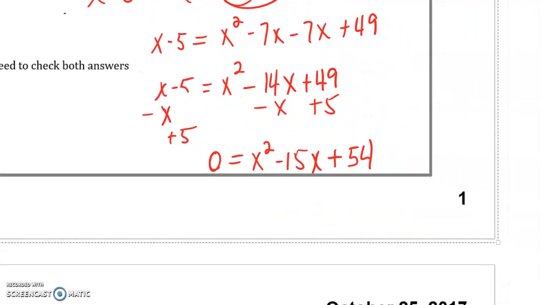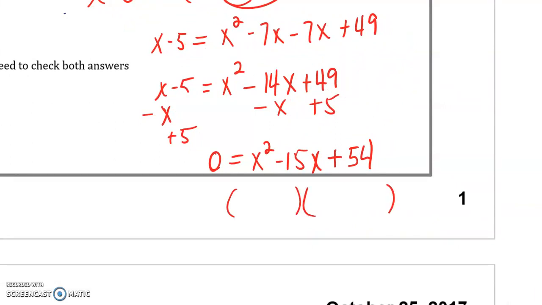So now I can see that it does work out to be a quadratic. I know that it's a plus sign and a minus, which means it's minus, something we haven't seen in a while. So factors of 54 that get me 15 are 9 and 6.